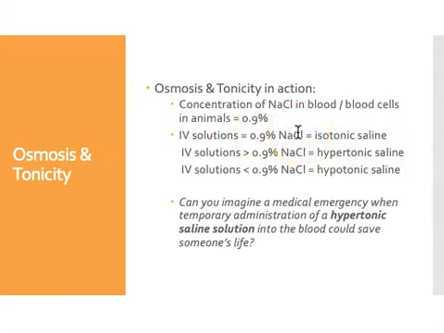Remember, tonicity is about the solution outside of the cell compared to the inside. So if I'm putting in a solution with 0.9% sodium chloride, I'm putting in an isotonic saline.